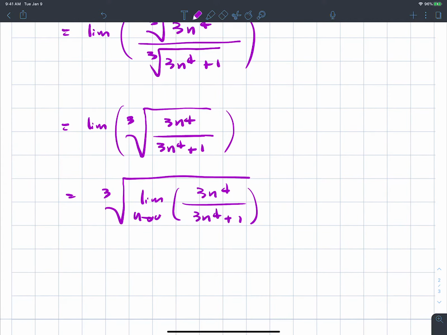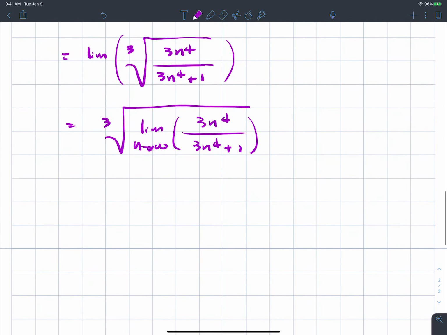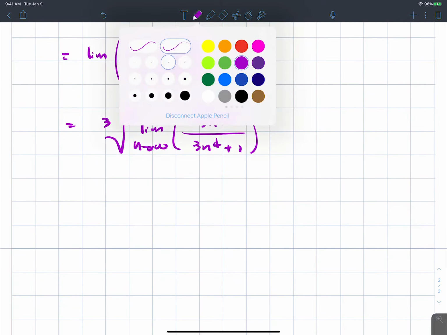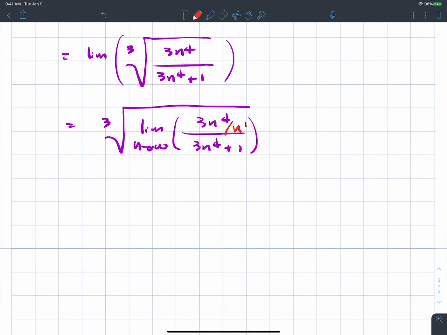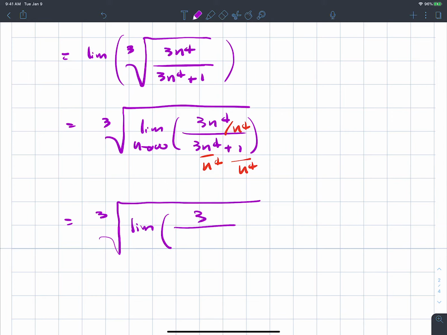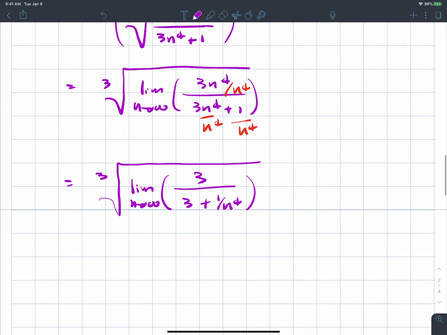As n gets big, this now becomes a calculus 1 question, meaning divide every term by n to the fourth. And you end up with the cube root of the limit of 3 over 3 plus 1 over n to the fourth, as n goes to infinity.